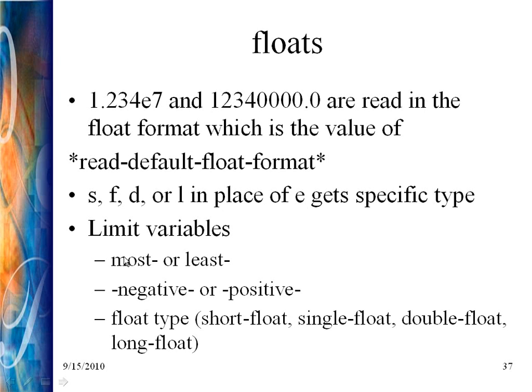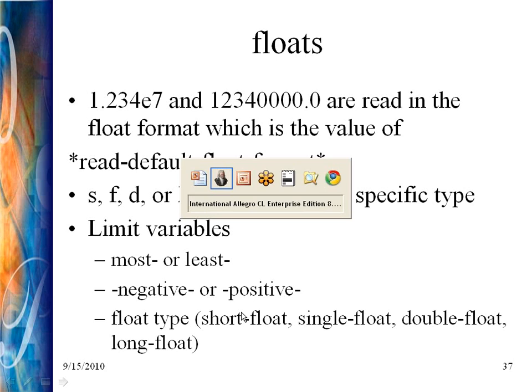Just as there was most positive fixnum, there are most positive or negative single float, double float, long float, least positive or negative single float, double float, long float. Let's just look at those values quickly.